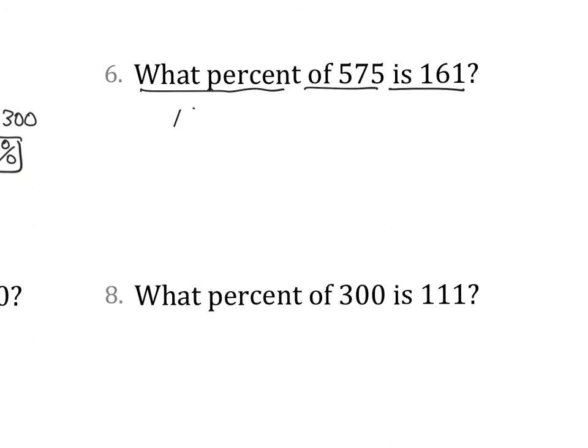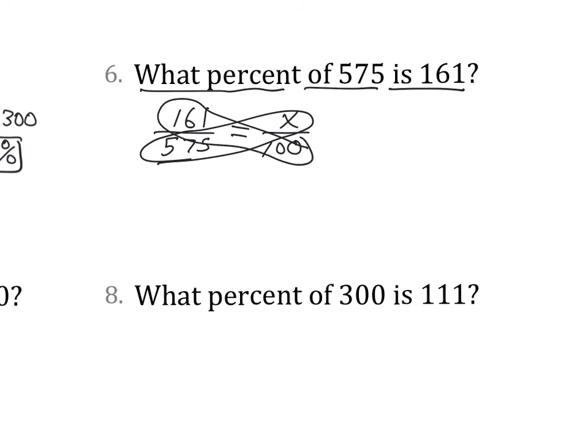Is 161 of 575 equals, looking for the percent, cross multiply: 575x equals 161 with 2 zeros, and then divide. 161, 2 zeros, divided by 575 equals 28%.